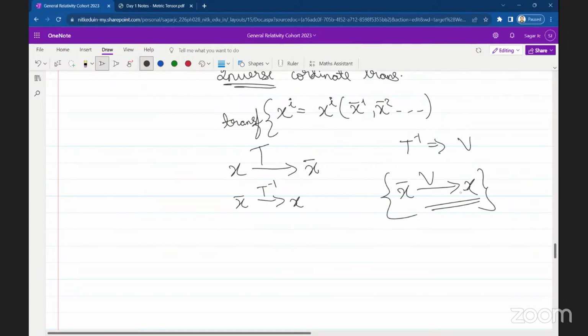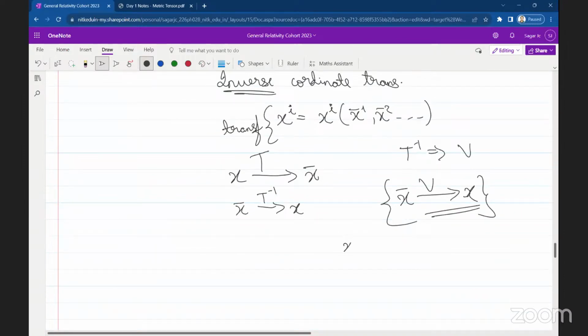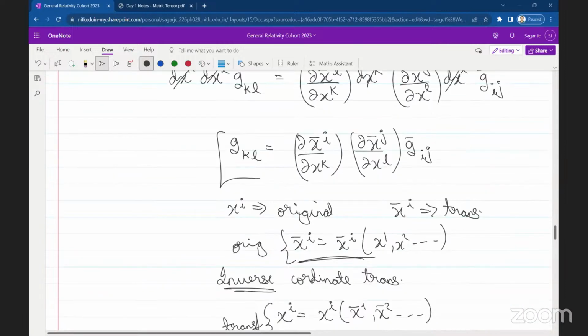So I can just replace all x bars with x and g bar with g, or anything with a bar I can replace with no bar, and anything with no bar I will replace with bar in this equation.